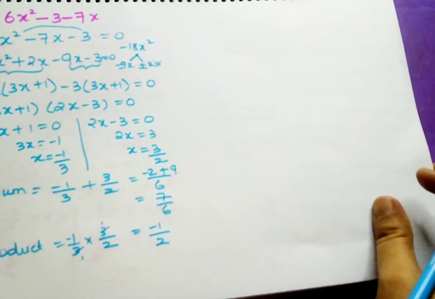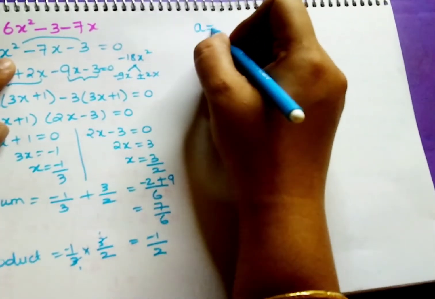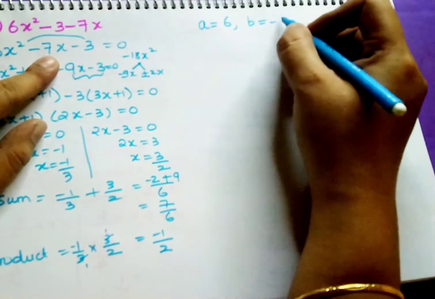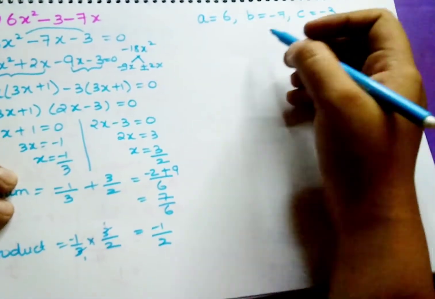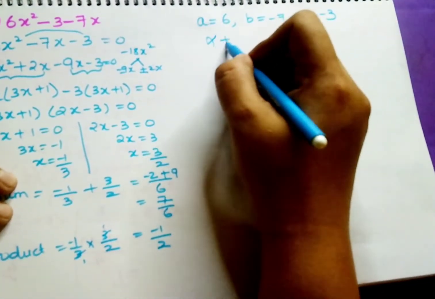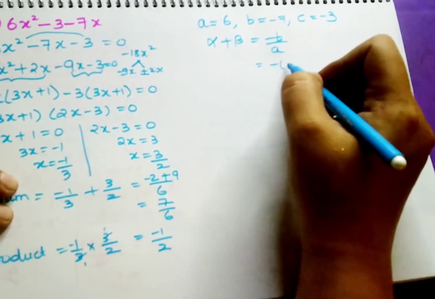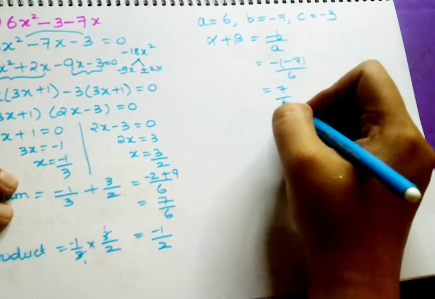And by coefficients method, we'll write what is a, that is coefficient of x square is plus 6, coefficient of x is minus 7, and constant is minus 3. Now, the sum of zeros formula is minus b by a, that is minus of minus 7 by 6, minus into minus plus.